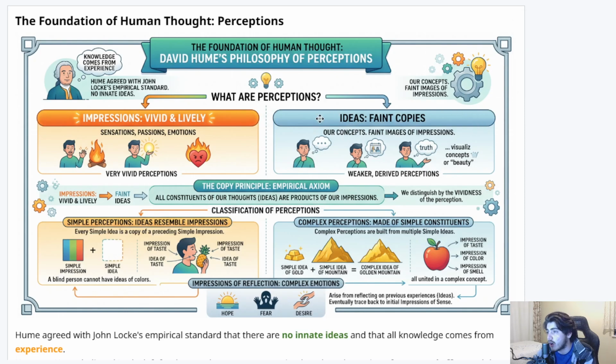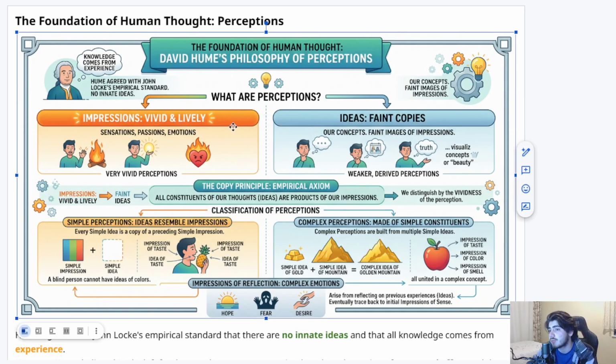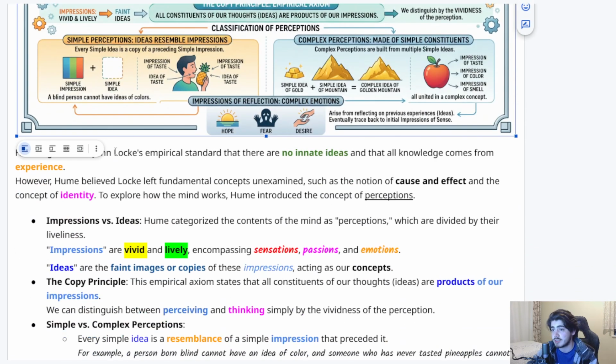These are concepts, weaker derived perceptions of the impressions. So we can think of these like events that we have actually lived through, the impressions that we had.